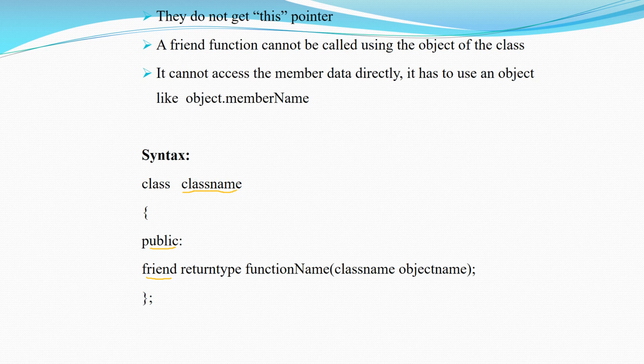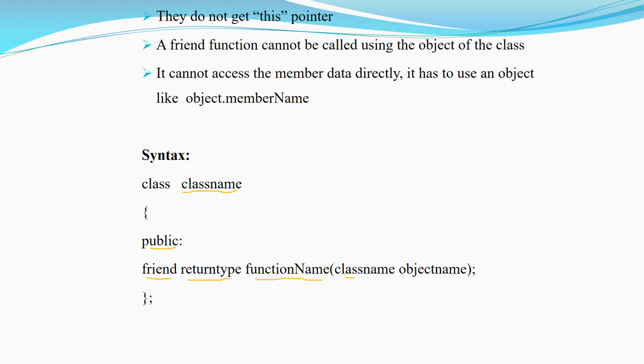Followed by a return type. The return type may be an integer or float or anything else. Return type is followed by the function name of the friend. The function name tells you the name of the friend function. As I told you, the friend function uses the object as a parameter.